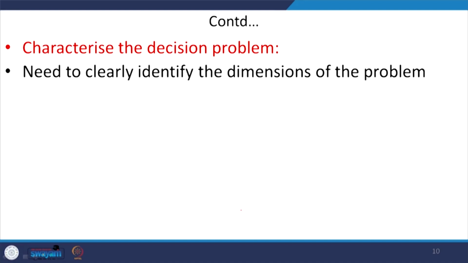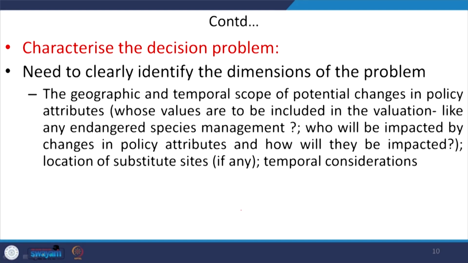We need to discuss the scope of the problem, and broadly there are 2 things: the geographical scope of the potential changes, if some policy is going to happen, and the temporal scope of the potential changes in case of this policy.